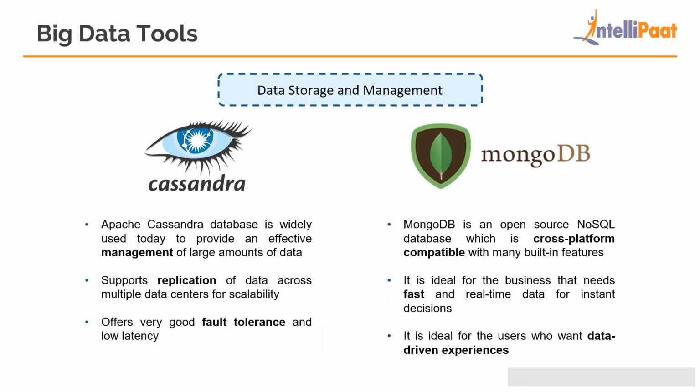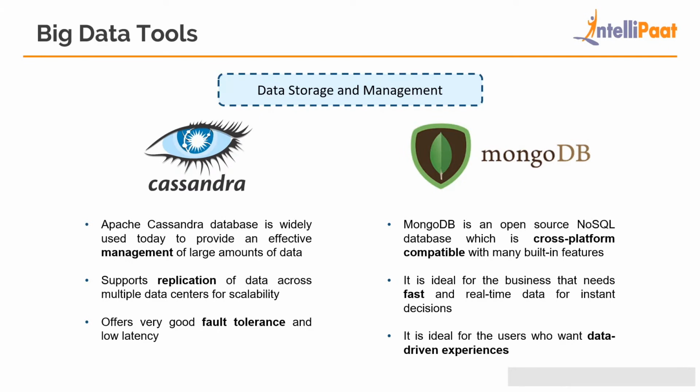Now let's look into the big data tools which are really popular. First, for data storage and management, there are multiple tools. Apache Cassandra is one of the most highly used tools. Then MongoDB. I'm pretty sure you would know at least one of these names. First, Apache Cassandra. This is a database widely used to provide effective management of large amounts of data.